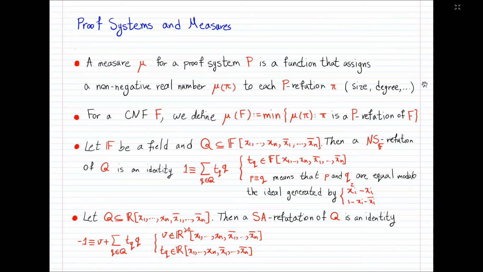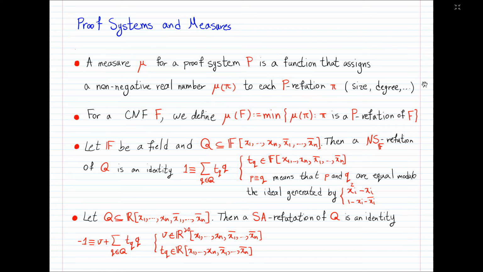To give some examples of proof systems, let F be a field and Q be a set of polynomials over the variables with coefficients in F. Then a Nullstellensatz refutation of Q over F is an identity of the form 1 is equivalent to the sum over q of t_q times q, where q is a polynomial in Q, and the t_q's are polynomials over the variables with F coefficients.